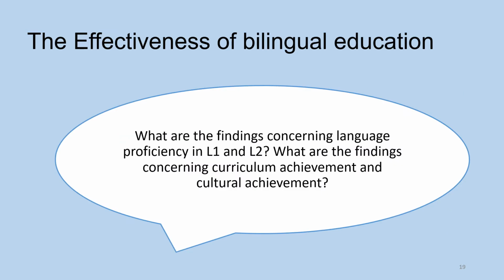There are various challenges if a school decides to set up a bilingual education program, but there have been also numerous studies to analyze the effectiveness of bilingual education. In particular, the Canadian immersion programs have been researched quite thoroughly. So what are the findings concerning language proficiency in the first language and in the second language? And what are the findings concerning curriculum achievement and cultural achievement?